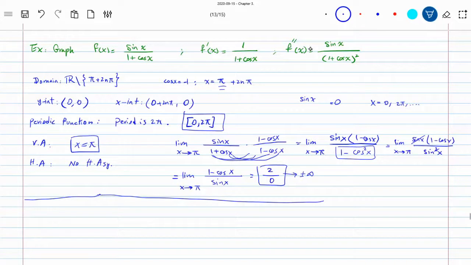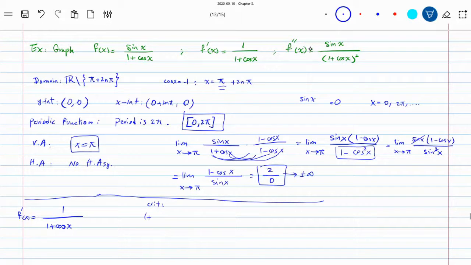Okay, so the first derivative, f prime x, equals 1 divided by 1 plus cosine x. And we're going to figure out where this derivative equals 0. So here, numerator equal to 0 is not possible for finding a critical number.